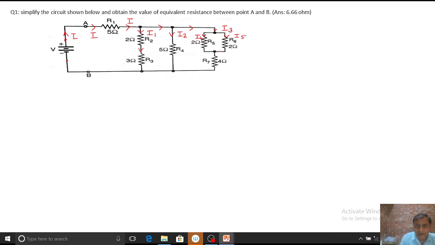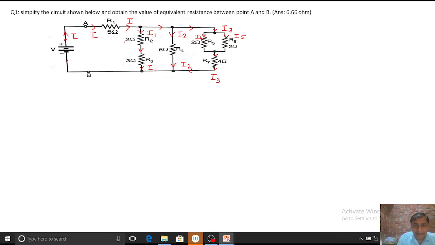These two currents are added at this point, I4 plus I5, which means I3 is divided into two parts. At this point both currents are added. So दोनों current add होने के बाद यहाँ पर again this current is I3 ampere. So this is I2 ampere and this one is I3 ampere, and from this side this is I1 ampere.